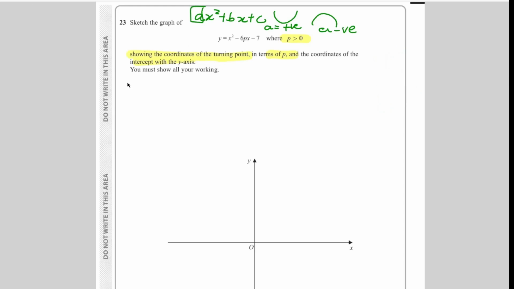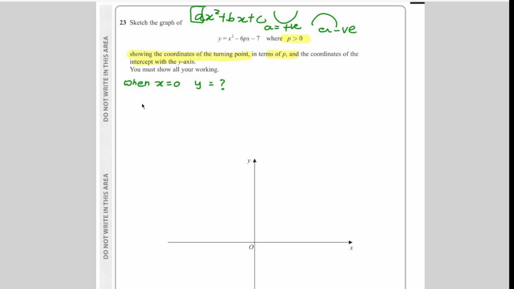Therefore, we write when x equals 0, we need to get what y is. Because as soon as the curve passes through the y-axis, the x-coordinate is 0. So to figure out the y-intercept, you need to make x 0.